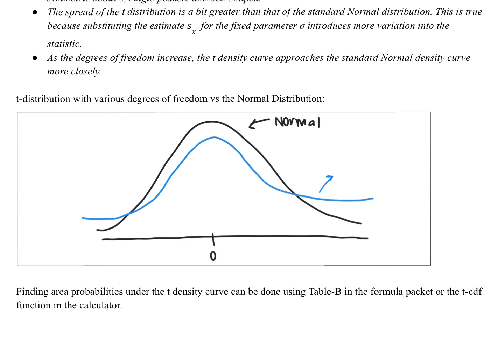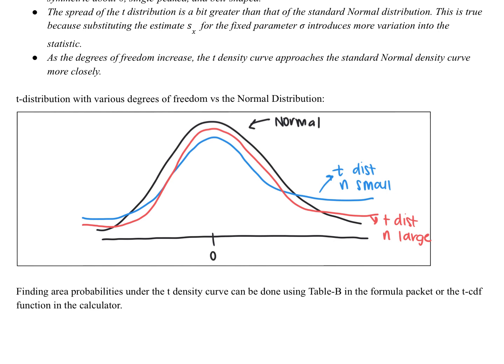So this is for a T distribution where n is small. But as n gets larger, the tail gets closer to that of the normal curve. The peak gets a little bit taller as well. So then we have our T distribution where n is large.